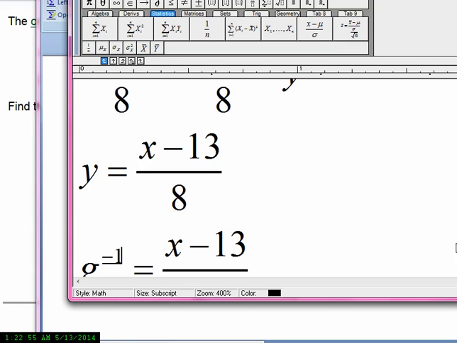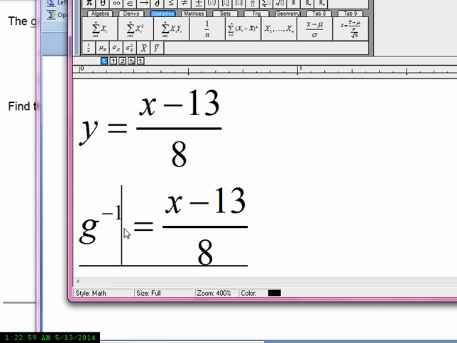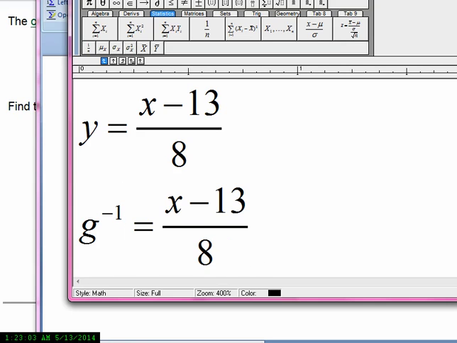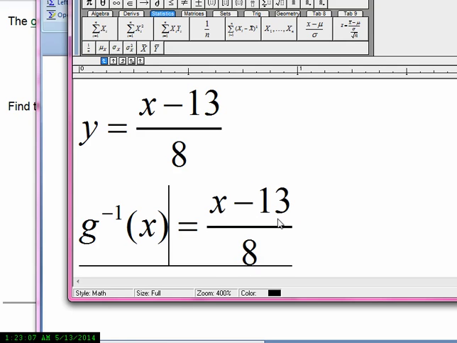And so we have our function g inverse of x equal to x minus 13 all divided by 8.